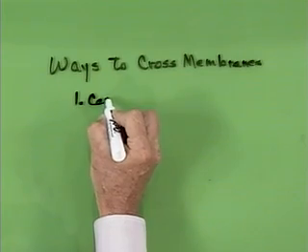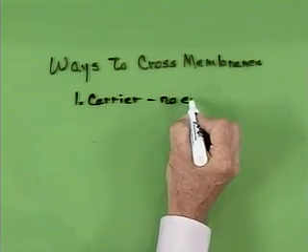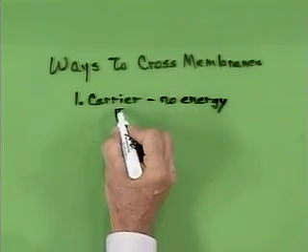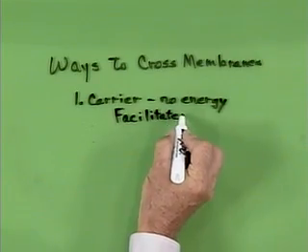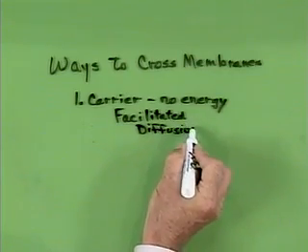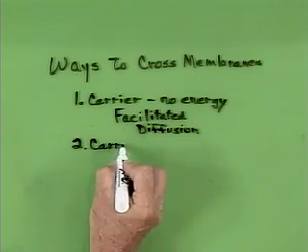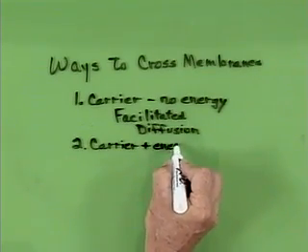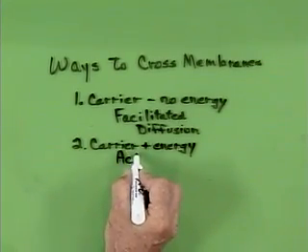If we have a carrier, but no energy is required, the process is called facilitated diffusion. If we have a carrier, but we do need energy to get this substance across the membrane, the process is called active transport.